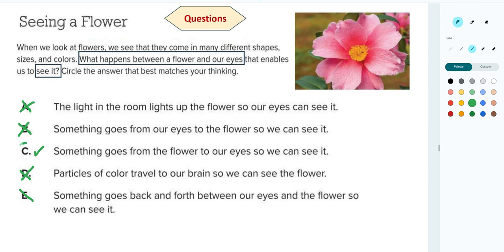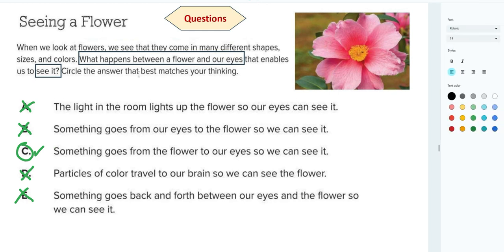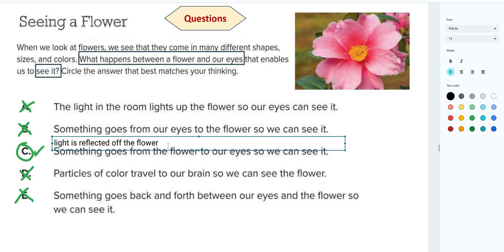So the best correct answer is choice C. All of these have elements that sound correct, but we need to remember that light is reflected off the flower to enter our eyes. Okay?